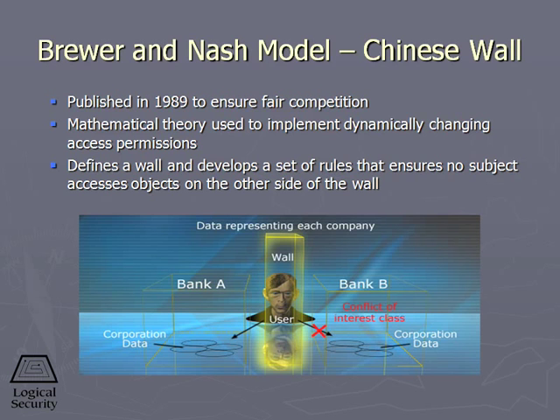So until he commits on one of the company's sets of data, he can access any of them. But once he accesses any one company's data, the Chinese wall pops up dynamically and says, you can only now look at that company's data and you cannot look at any other company's data. Again, this was designed for a commercial model to avoid conflict of interest concerns.